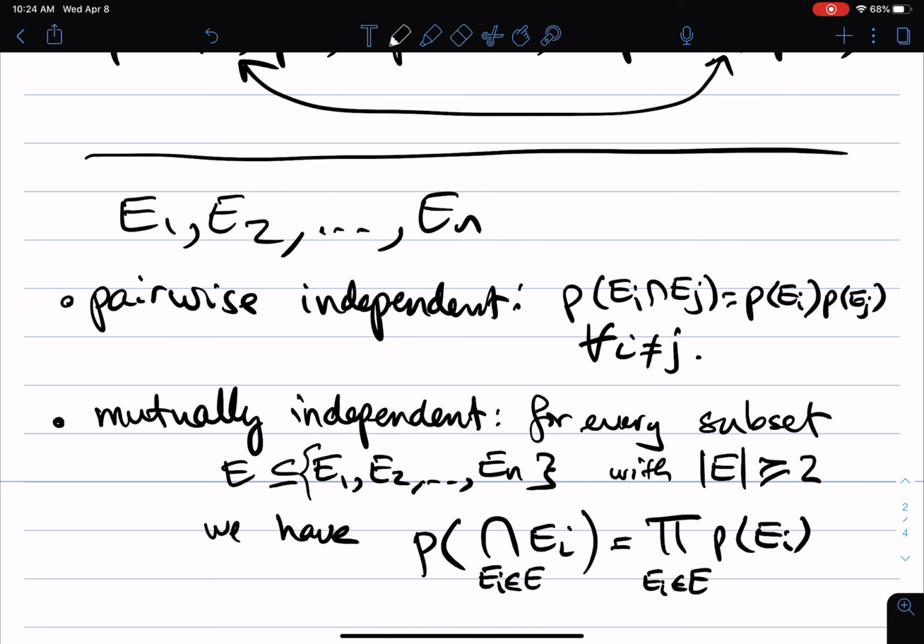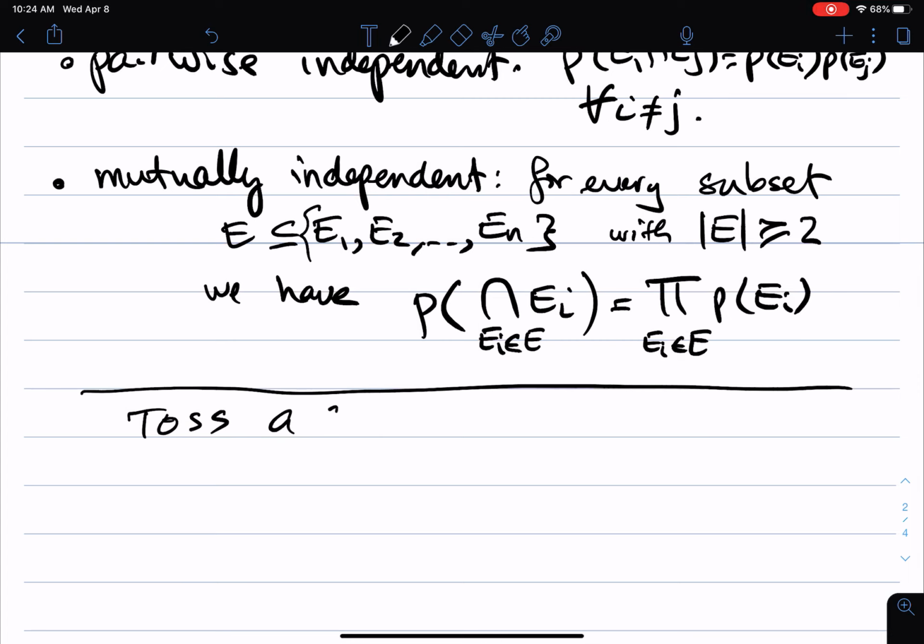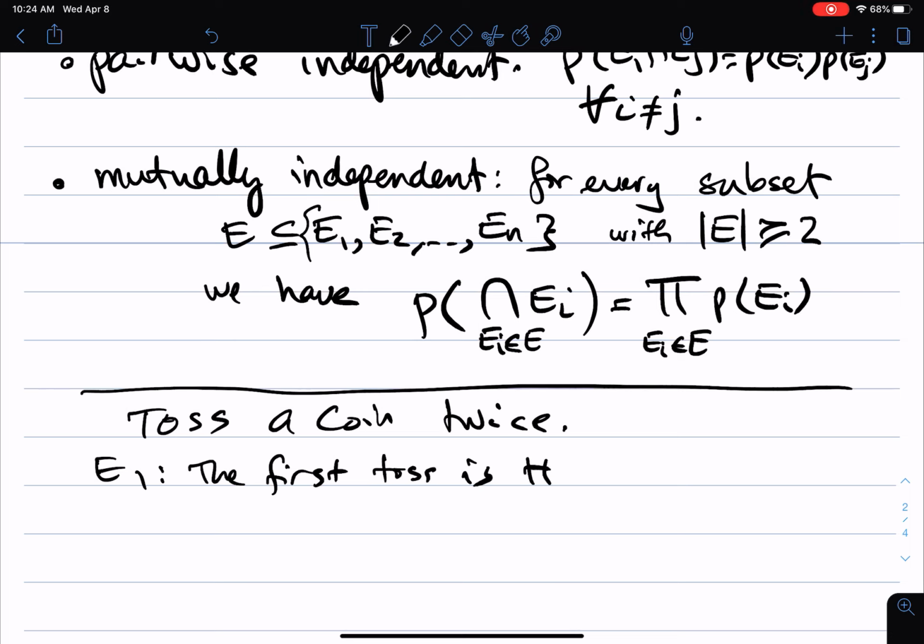For example, I will not solve it for you, but if you toss a fair coin twice, think about the following events. E1, the first toss is heads. E2, the second toss is heads.